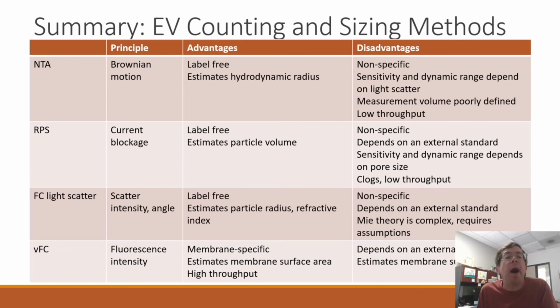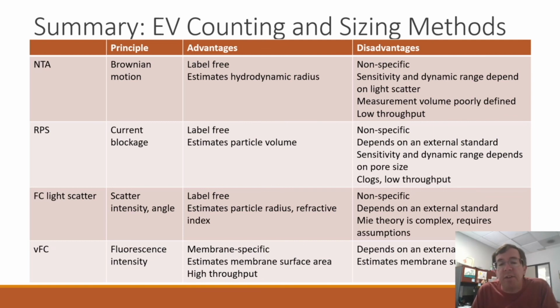So just to summarize these various methods, they all have their strengths and weaknesses. NTA and RPS, in our experience, are useful for characterizing purified standard preparations, but less so for complex samples. Flow cytometry-based light scatter is useful, and the label-free estimation of size and refractive index are attractive, but they have the downsides that it's a pretty non-specific measurement, and the math is not simple, although it's made simpler by the software packages we just heard about.